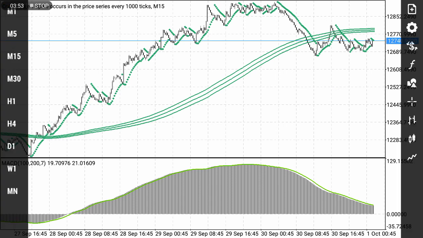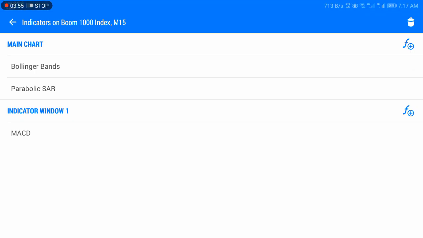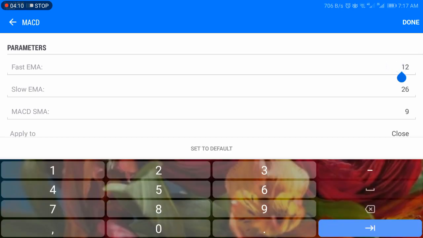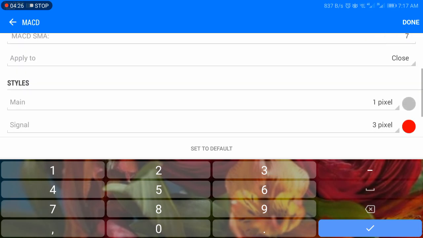Now it's time to set up the MACD settings. To set up the MACD, simply go and open the MACD settings. Look here, the fast EMA is changed to 100, and the slow EMA is changed to 200, and the MACD SMA, the simple moving average that shows the up and down position of the MACD, choose 7, apply to low.